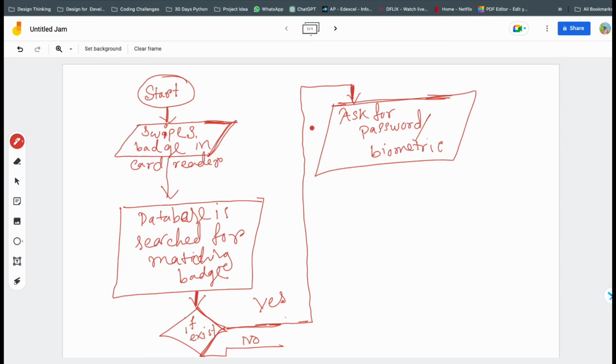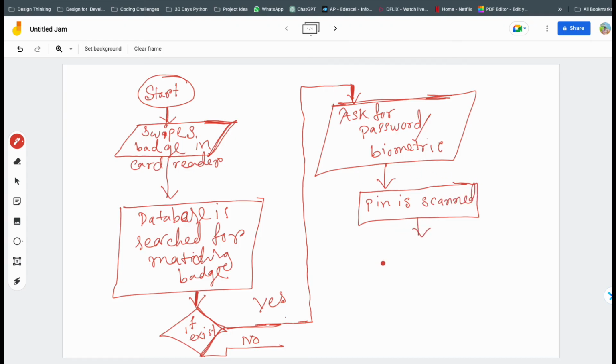When an employee gives the password, because after the system asks for this, the employee needs to give the password or something, right? Or scan their thumb and similar. So whatever they did, after that the system will proceed. So here again it will be a rectangle: whatever the pin provided or scanning here, right?